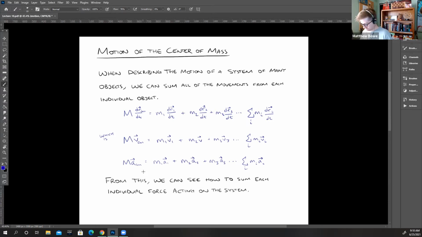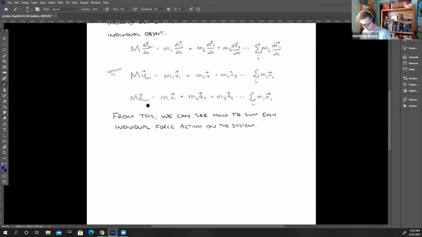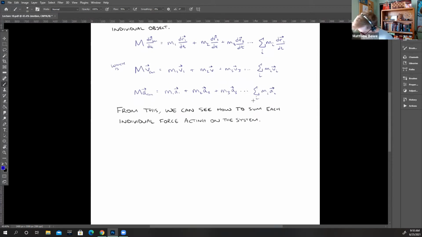So we have mass times acceleration right here, which means that I can figure out how a system of particles, two planets orbiting each other or whatever, I could figure out the force needed to accelerate the system just by learning how the center of mass is going to accelerate.